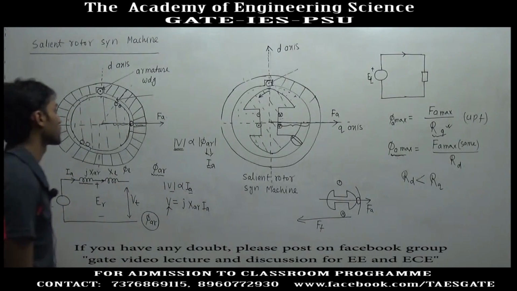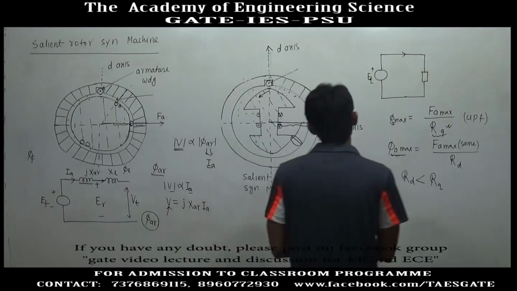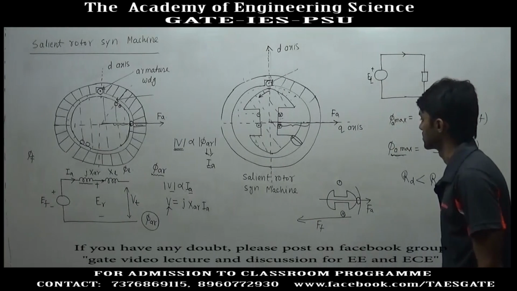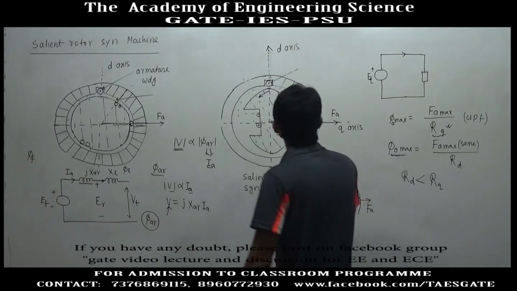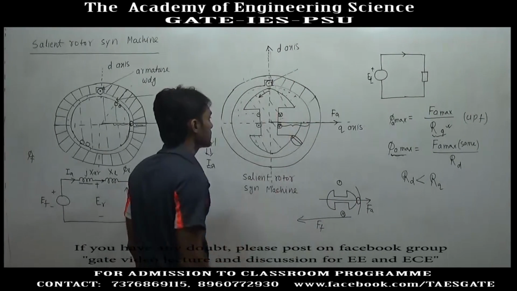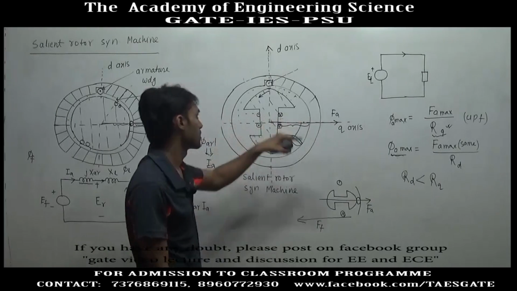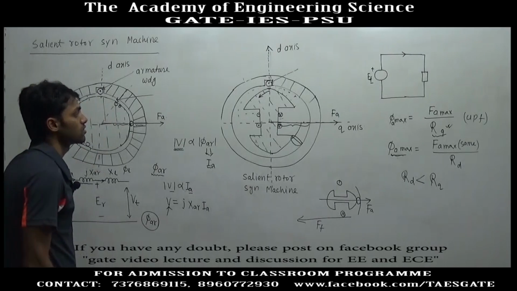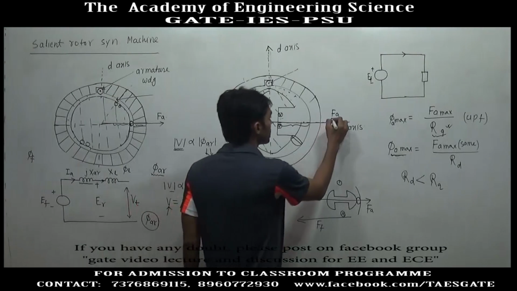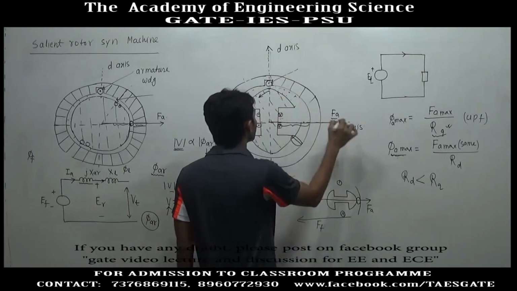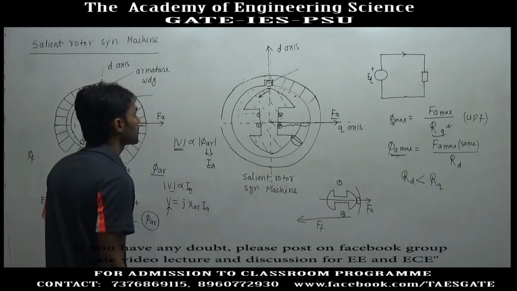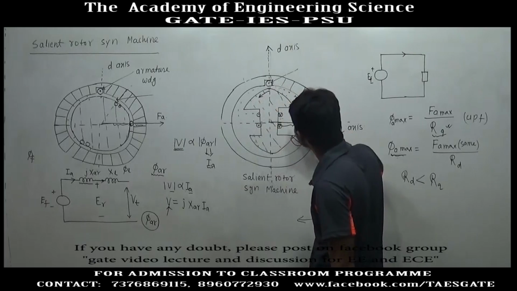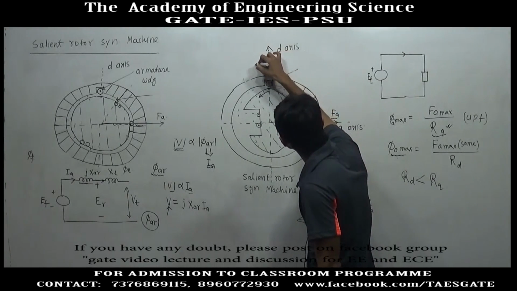So, to analyze this, the armature MMF is resolved in two directions. One direction is along D axis and the other direction is along Q axis. The two axes are perpendicular to each other. Armature MMF can be resolved in these two axes, because with the rotation of rotor, the D axis is also rotating.